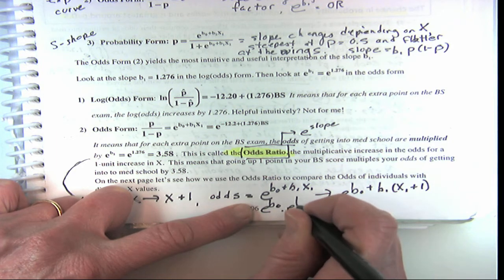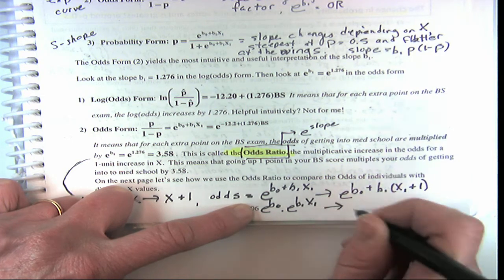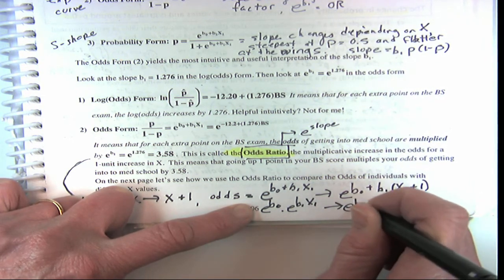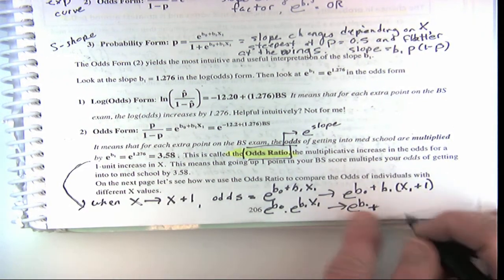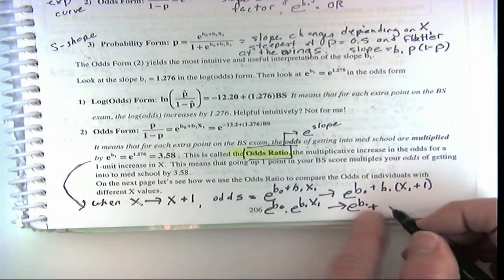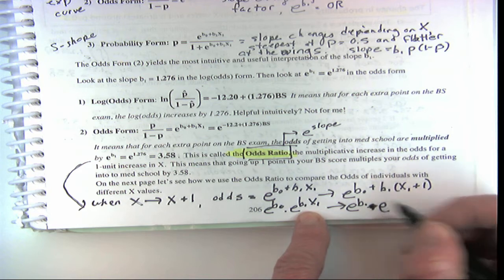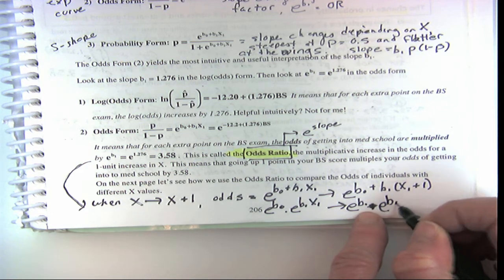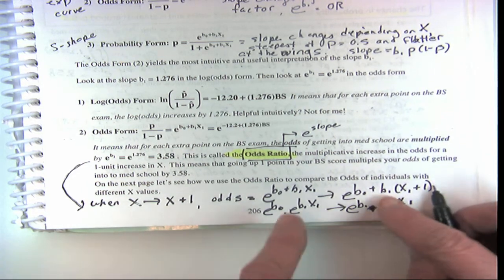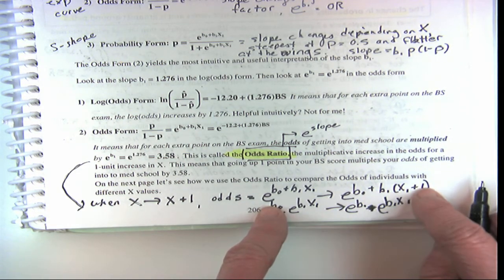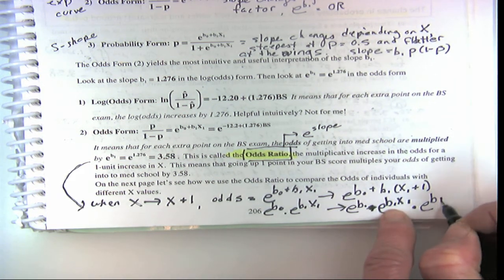So that's going to change to e to the beta naught, times e to the beta 1 x, and then multiply that out and you get another times e to the beta 1.